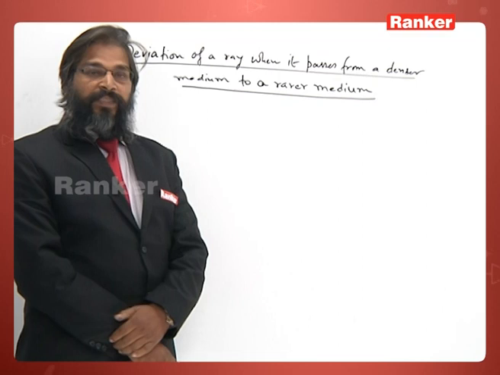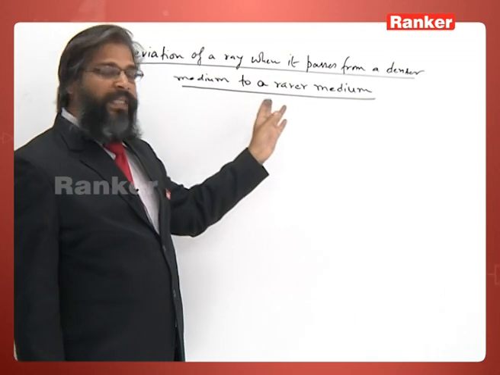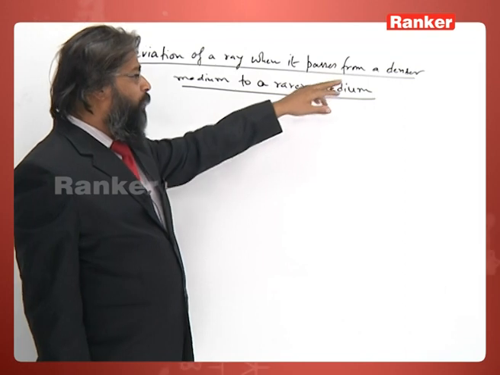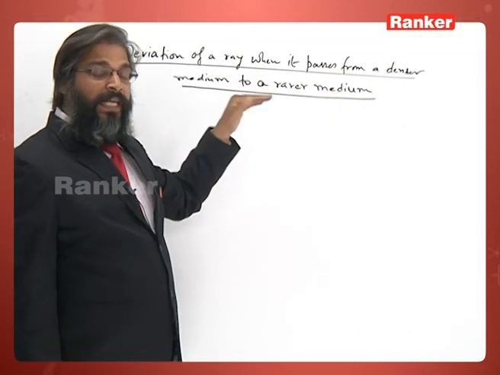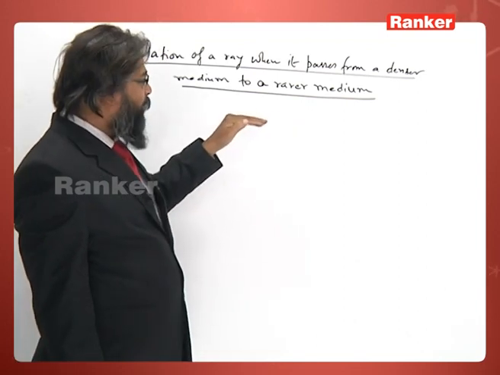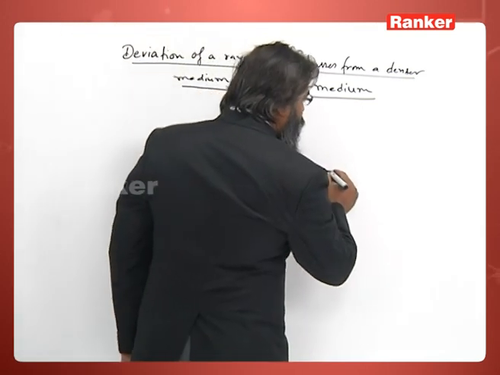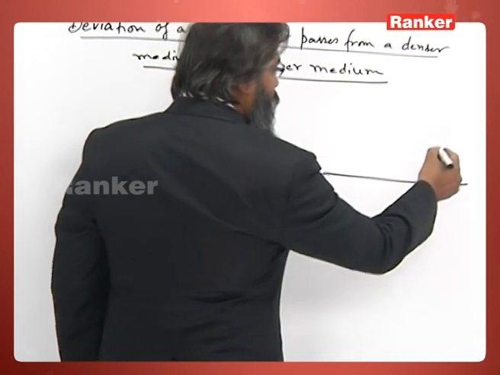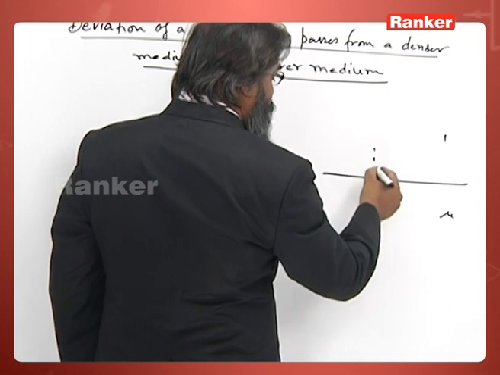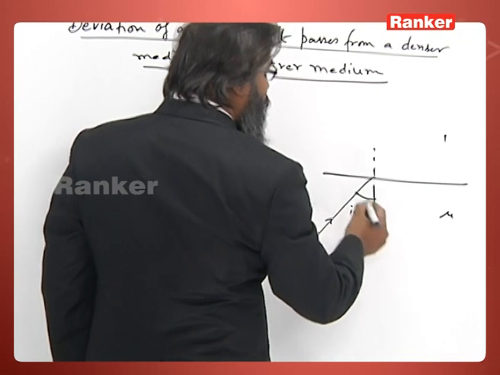Now, let us see the deviation of a ray when it passes from a denser medium to a rarer medium. Earlier we have seen deviation of a ray when it passes from a rarer medium to a denser medium, that is refraction at a single surface. This is also refraction at a single surface, but the ray is passing from a denser to a rarer medium. So suppose this is my surface which separates two media, 1 and mu, and I have an incident ray with angle I less than the critical angle.